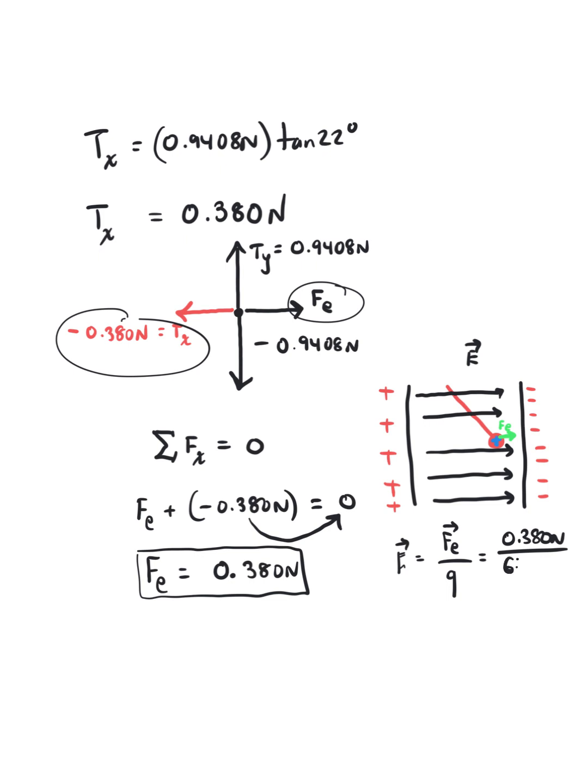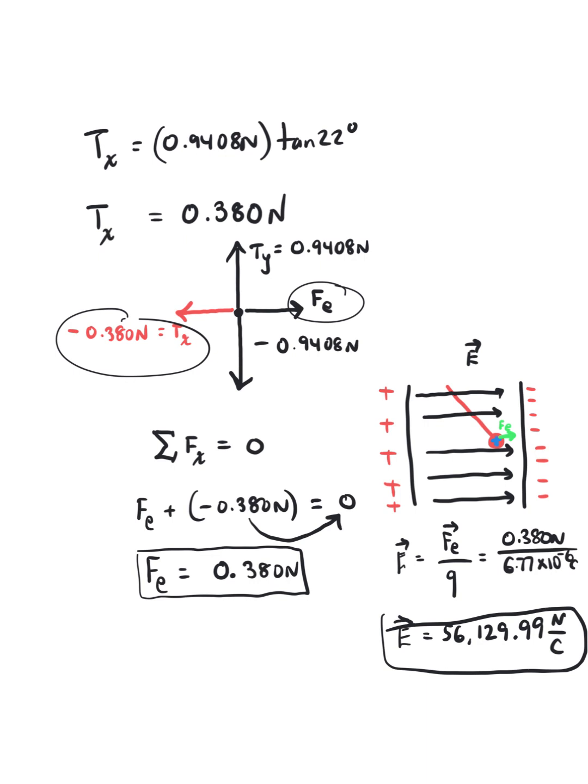That was 6.77 microcoulombs, and a microcoulomb, remember, is 10 to the negative 6 coulombs. So this ends up giving us the strength of the electric field. So that gives us 56,129.99 newtons per coulomb. So that's the strength of the electric field generated by the parallel plate capacitor.